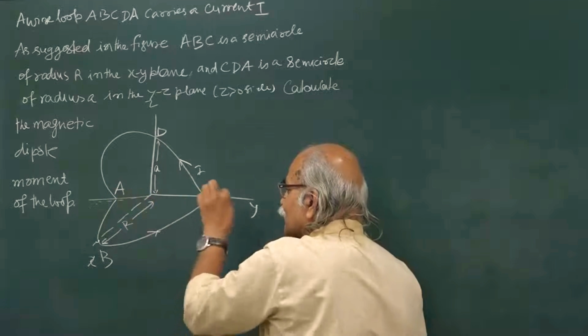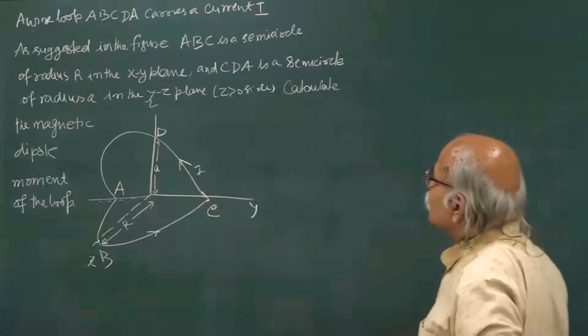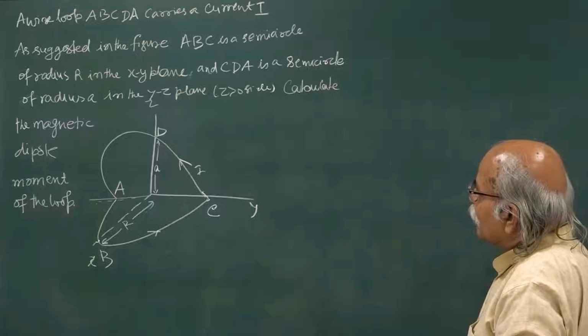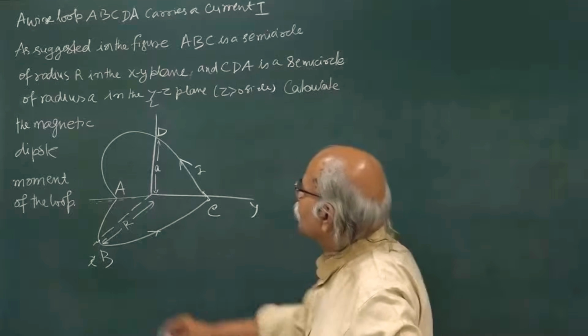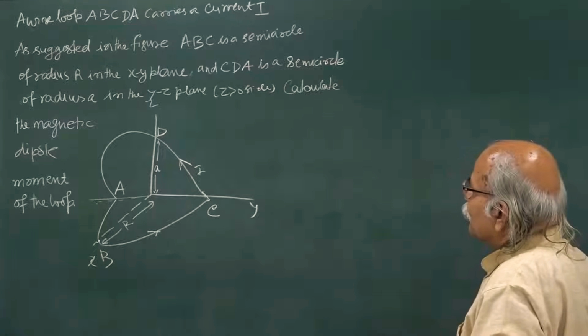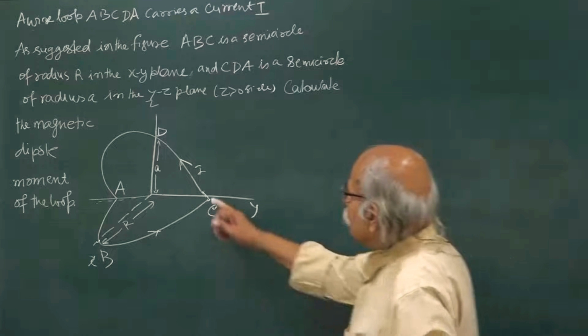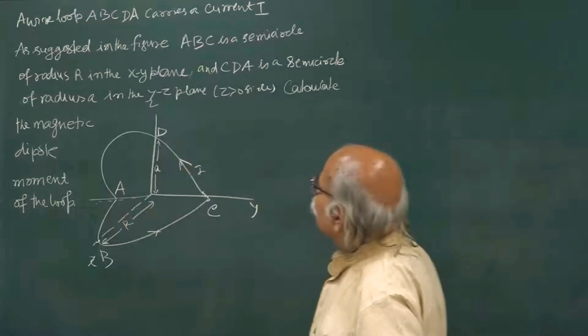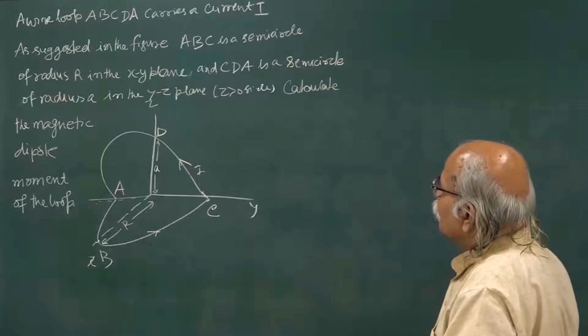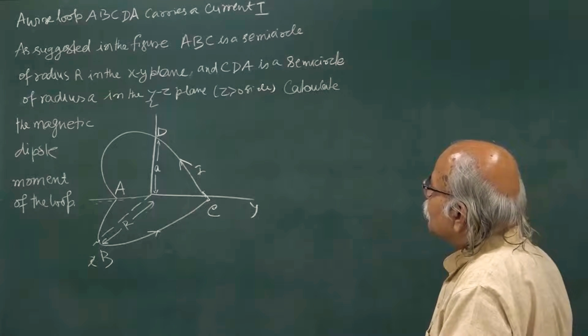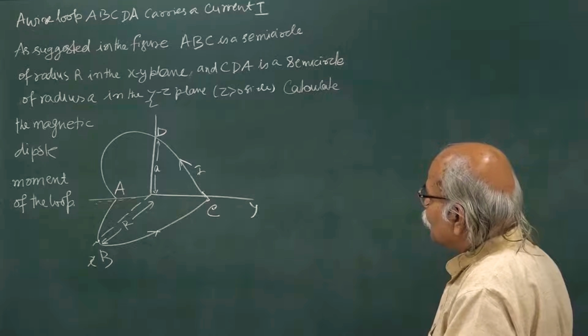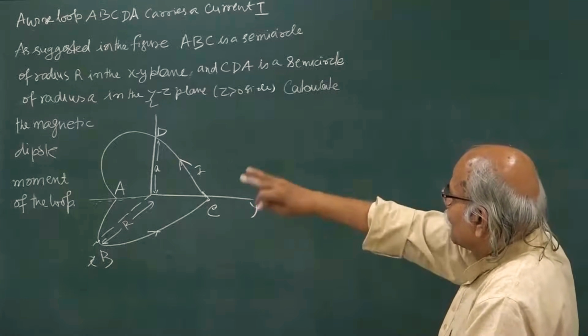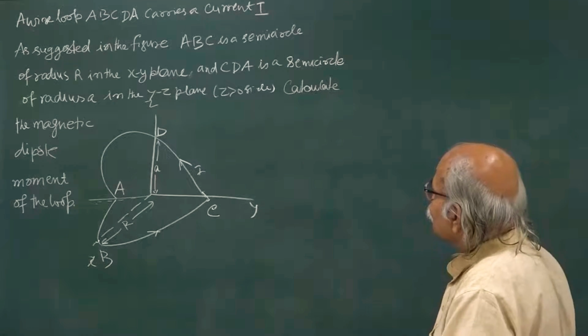ABC is a semicircle of radius capital R in the xy plane, and CDA, the other part, is a semicircle of radius small a in the yz plane. I could have drawn a good semicircle because it is in the yz plane.